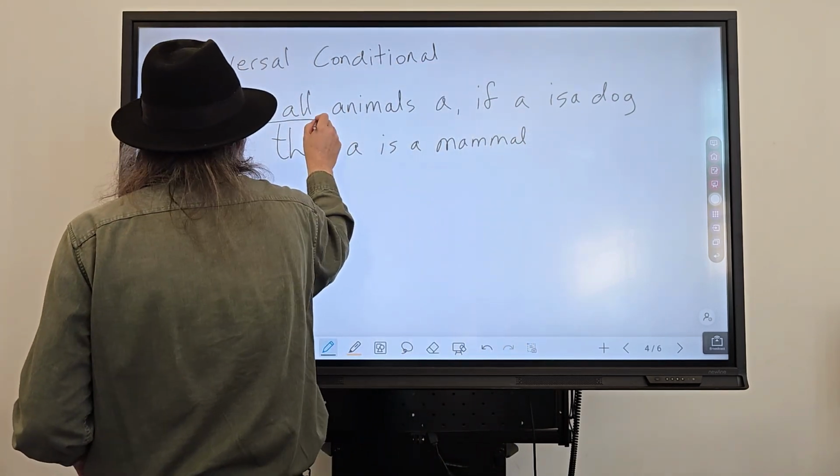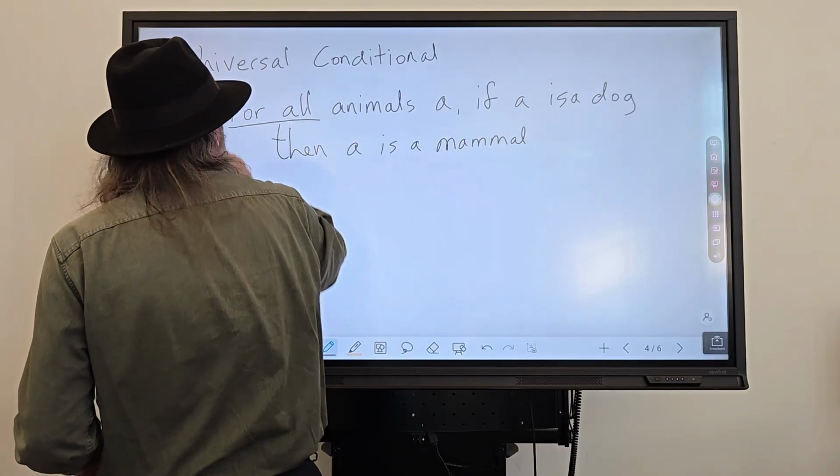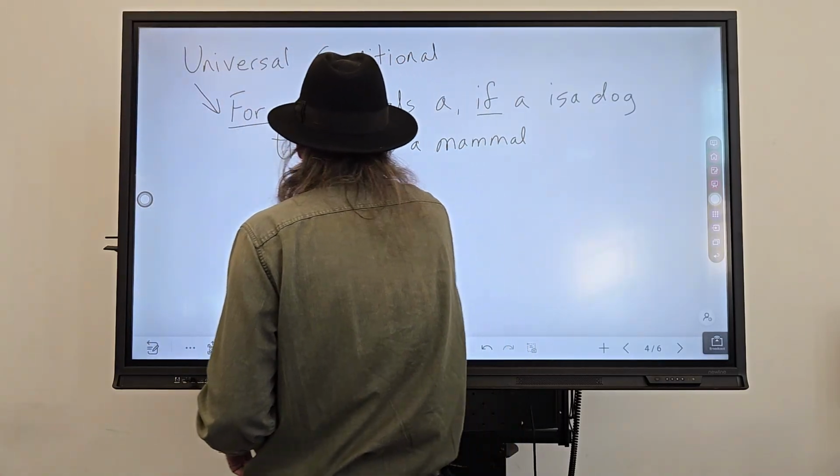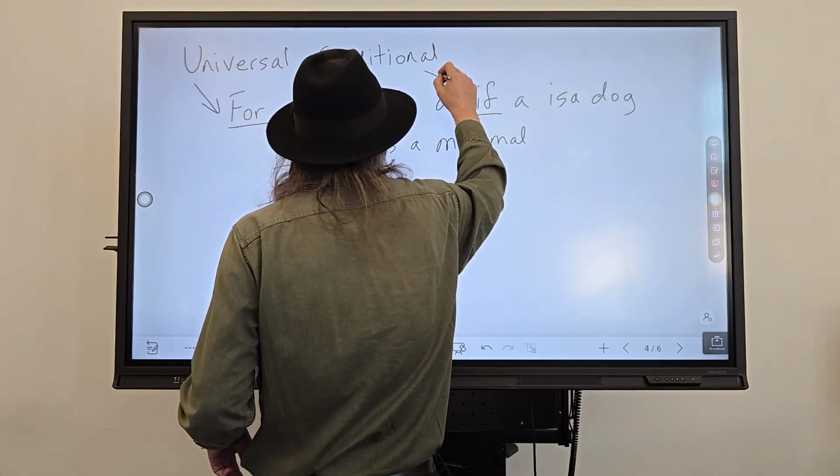So it's for all, which is universal. If, then makes it conditional.